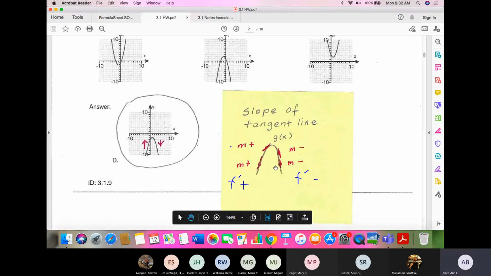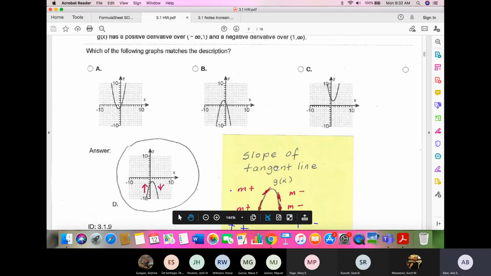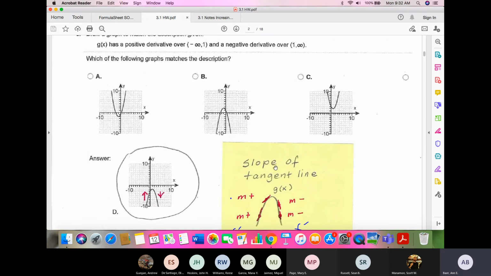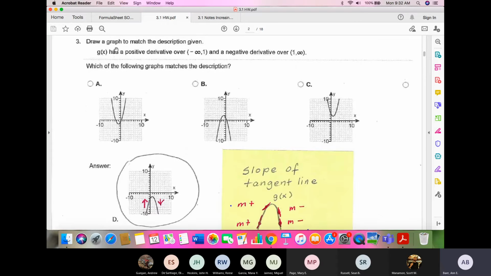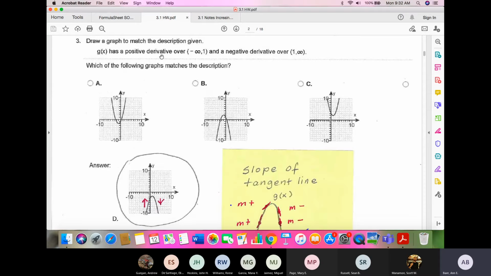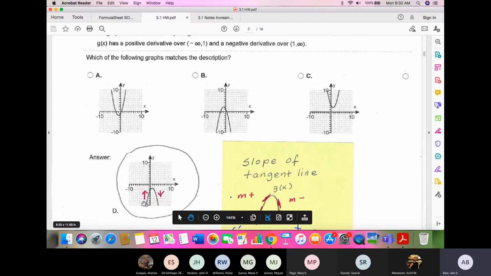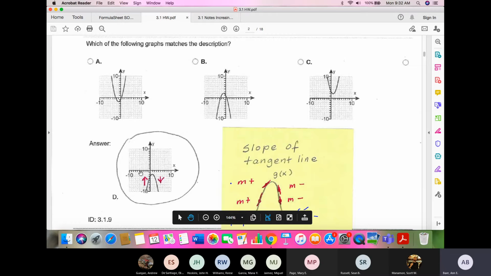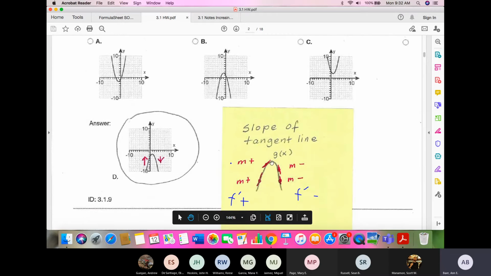So where does that happen? We want to make sure we're looking at what we're trying to find here. Draw a graph to match the description. G of x has a positive derivative over negative infinity to 1. That would be positive. That's negative infinity to 1, right here. That's where the derivatives are positive.